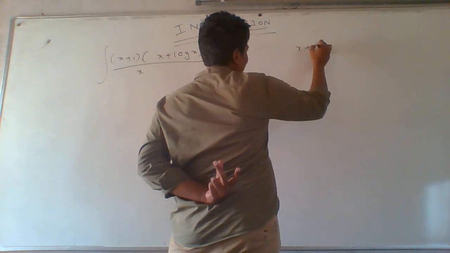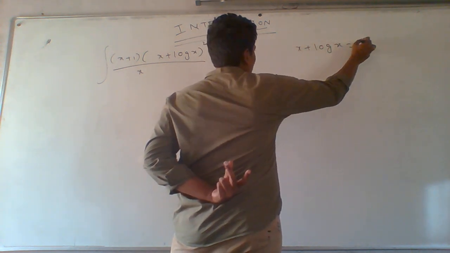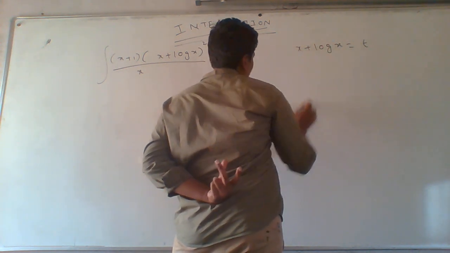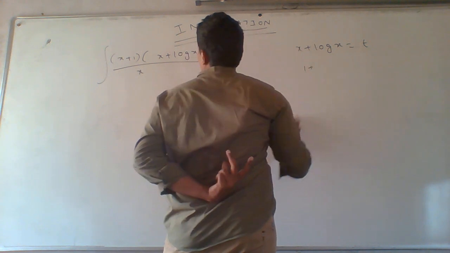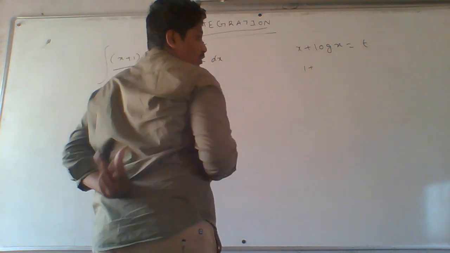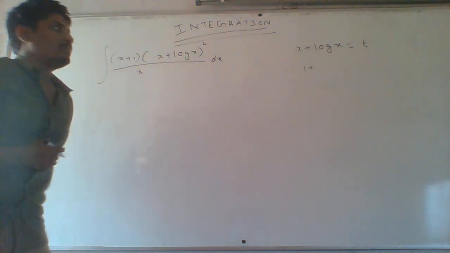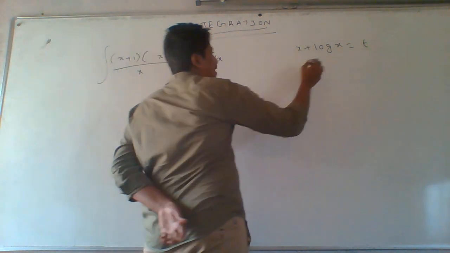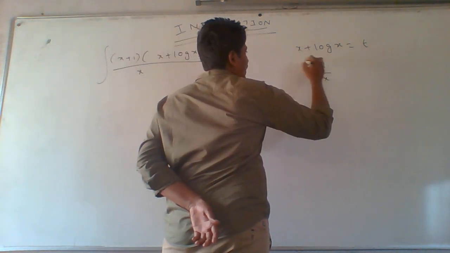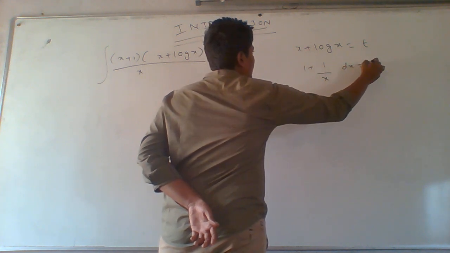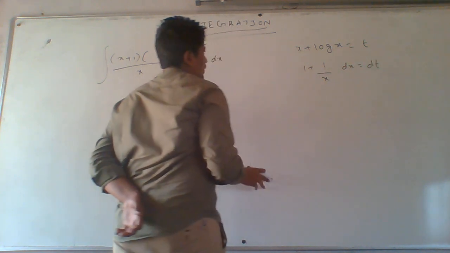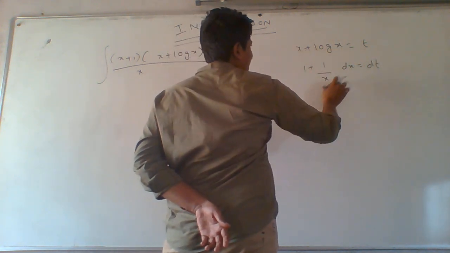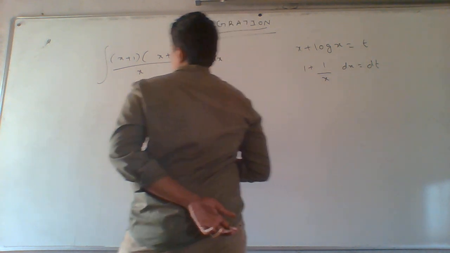x plus log x equals t. What is the derivative with respect to the variable on both sides? It is 1 plus 1 by x dx equals dt.